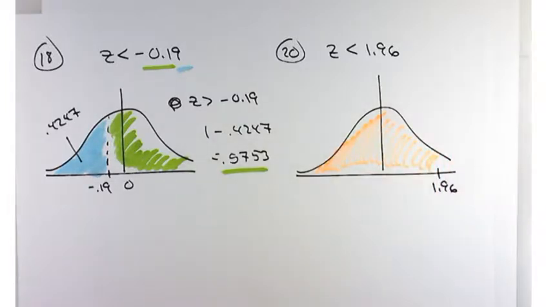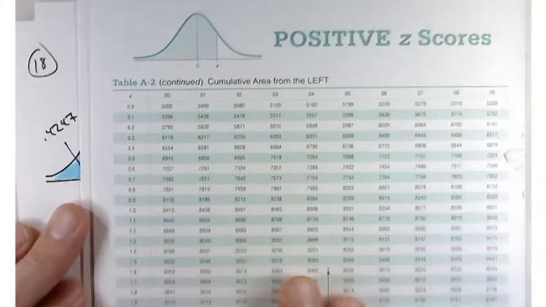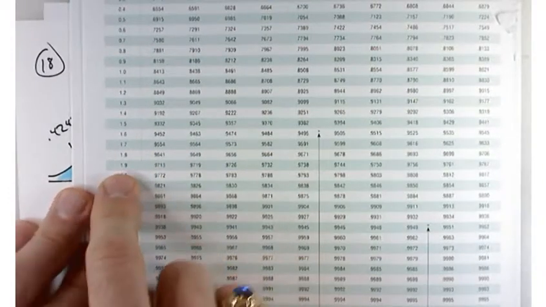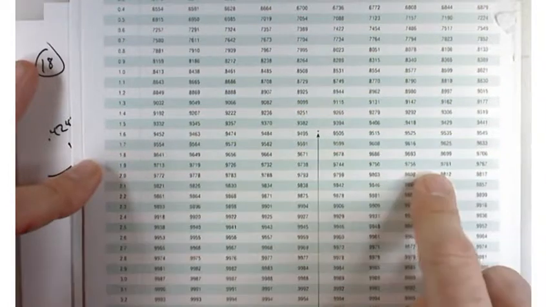Probably a couple ways you could do this. This time you're going to be looking up something from the positive z distribution, or positive z values. So flip over to the next page. Positive z-scores. 1.9 is a little bit below midway down, and then over to 6. You should get a fairly round number.